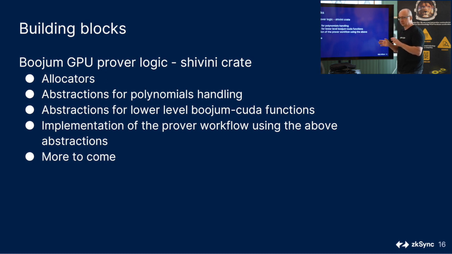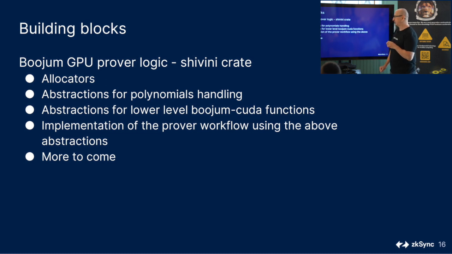It's near to the CUDA API, but Shivini creates some abstractions on top of that. So stuff like allocators. In Rust, you can define your own allocators for vectors, and here we can have allocators which allocate on the device memory, or can create pinned memory allocations.